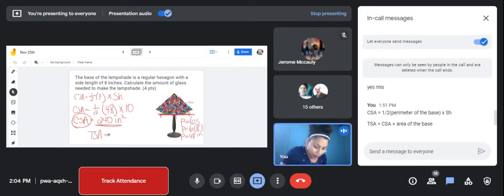But in this question, they don't want you to find the total surface area. They're only asking you to find the area of the lamp because that is what will be made out of glass. If you have seen a lamp, you know the bottom of that lamp doesn't have anything, because that's where the bulb goes and where you pull the little string. So only the top part needs glass.